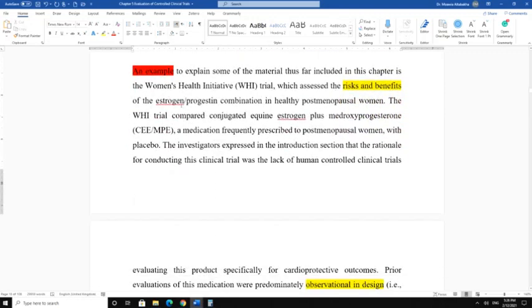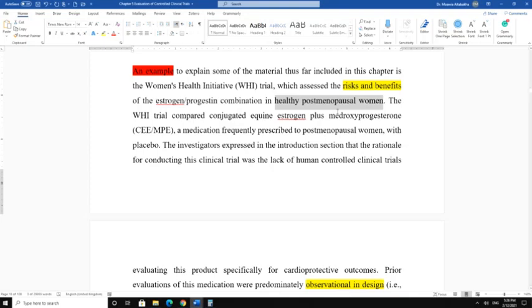Look, for example, one of the very famous controlled clinical trials is referred to as the Women's Health Initiative. Look, I will show you now. Number one, what was the rationale in the introduction? Number two, what are the H1 and H0 hypotheses? Of course, this Women's Health Initiative was carried out on healthy postmenopausal women, the women after menopause.